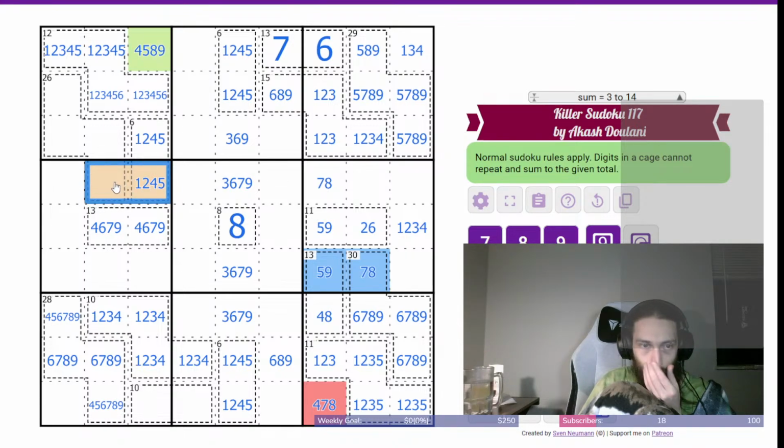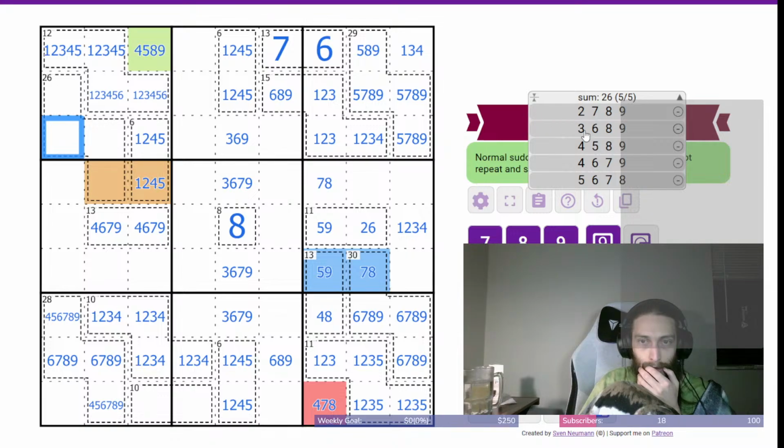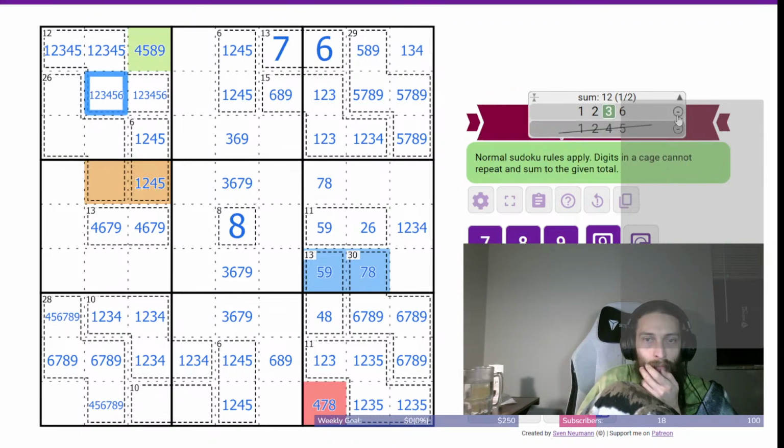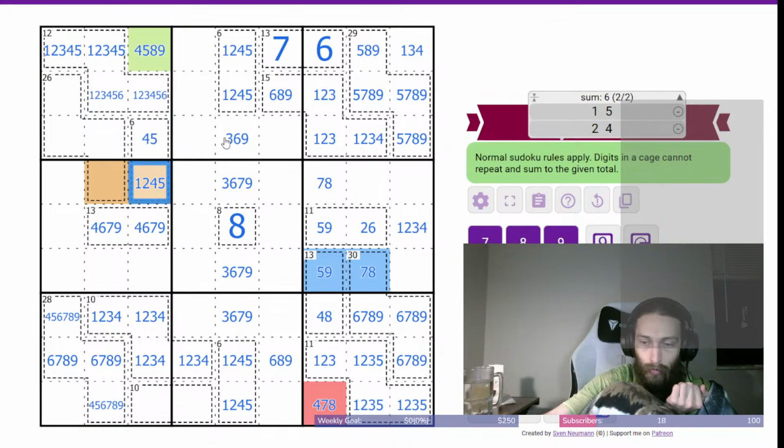So the minimum that green can be is 4. Okay, you can't put 3 in the 26 cage. Why not? Oh, yeah, you can. I was thinking, I don't know, because my brain is. But we do know that 12 has to have both 1 and 2 in it. So this 6 can't have 1 and 2, so then this side can't have 4 or 5.